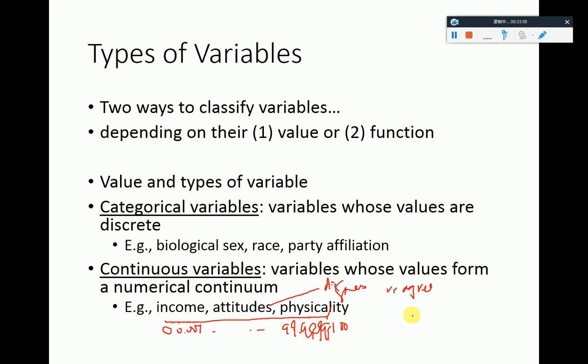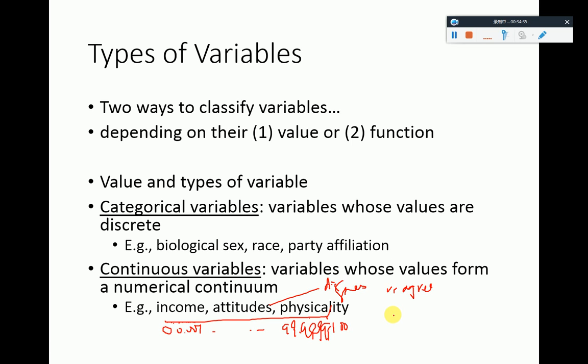You are very correct if you think that way, because disagreeing is definitely very different from agreeing, and these two values are not overlapping. They're mutually exclusive. You cannot disagree and agree on the same issue at the same time. So if you think about attitudes in this way, then of course you will categorize attitudes as categorical variables.